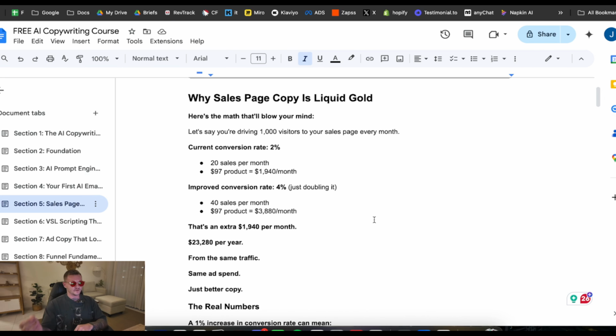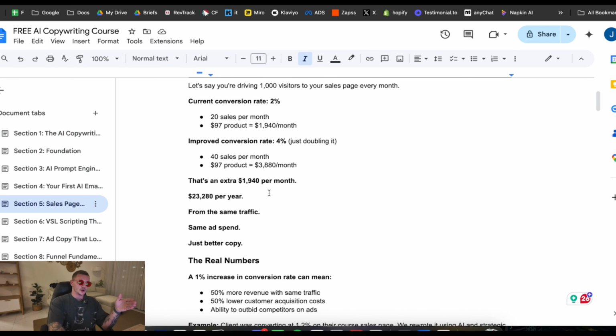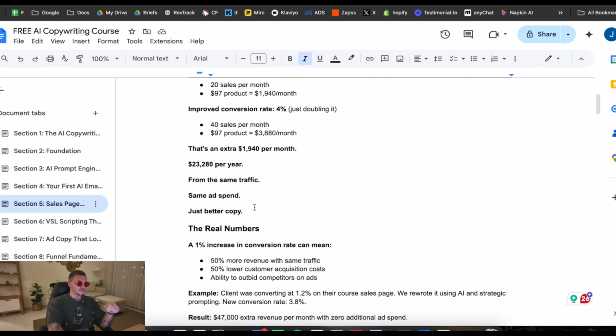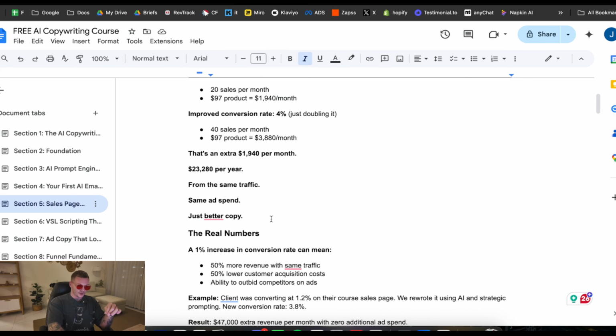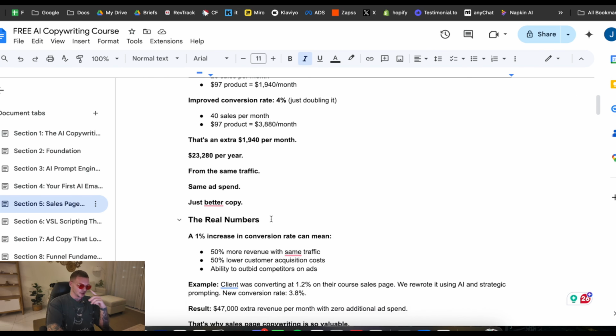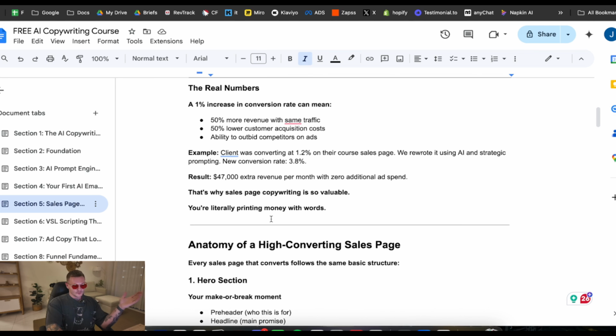If you improve your conversion rate to 4%, doubling it, with the same traffic, you double the revenue. So it's the same traffic, same ad spend, or same amount of posts, just better copy, and you double the amount of revenue. That's why writing sales pages is a very high leverage and very high paying skill.